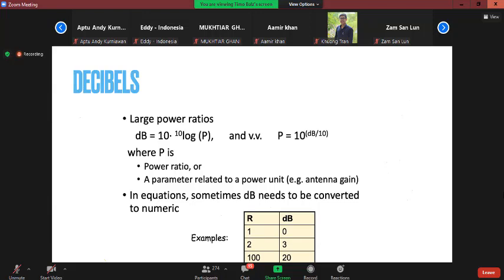So it is quite often necessary for you to convert that. The reason I mention that is it's not uncommon that people make the mistake of not doing that. So keep that in mind that for most of the equations you are seeing, you cannot use the dB scaling. You have to convert that to numerical scaling.